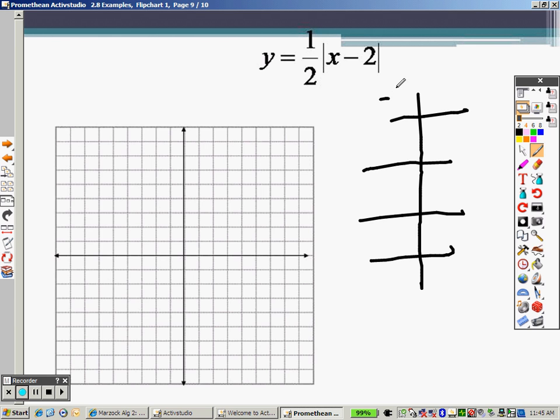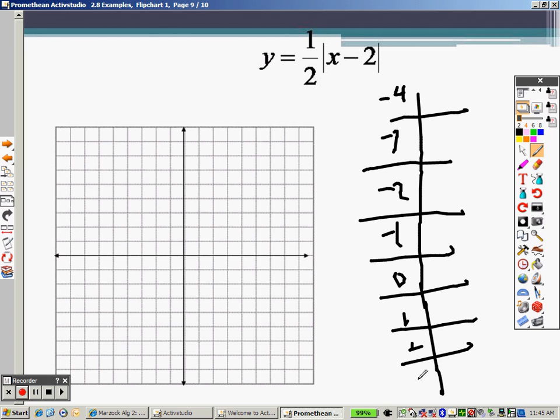Let's go with -4, -3, -2, -1, 0, 1, 2, 3, and we'll stop right there. -4 minus 2 is -6, which is a positive 6, so half of 6 is 3. -3 is like saying -5, because -3 minus 2 is -5, so it's positive 5, 5 halves.